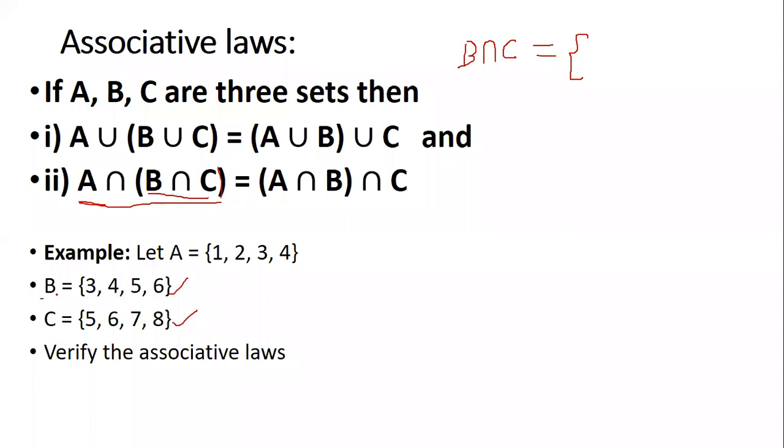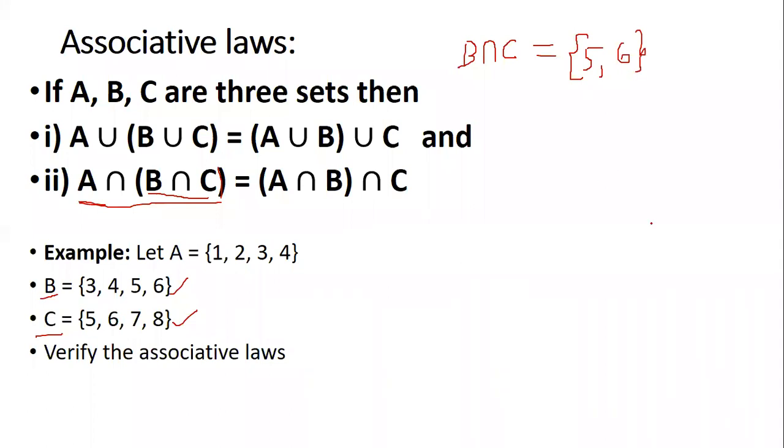Out of these two sets, which are the common elements? 5 and 6. Very evident. 5 and 6 is common. So B intersection C is 5 and 6.